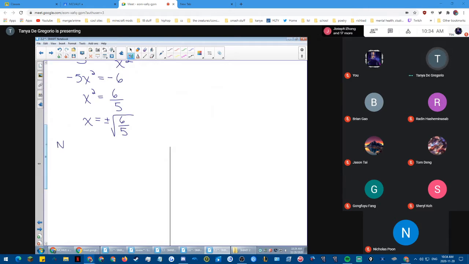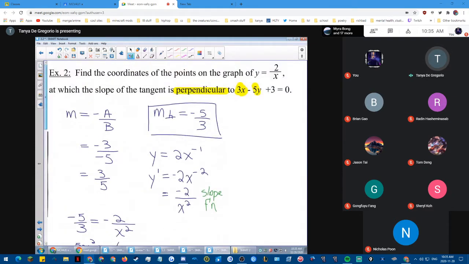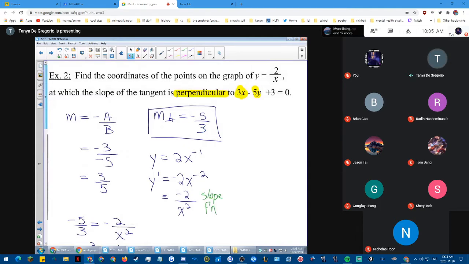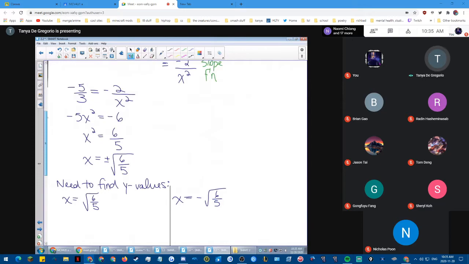So now we need to find the y value. These are the x values. So for these x values, I need to find the y value. Okay, so I just sub into the original function. The original function is 2 over x, or 2x to the negative 1, right? It's the same thing.